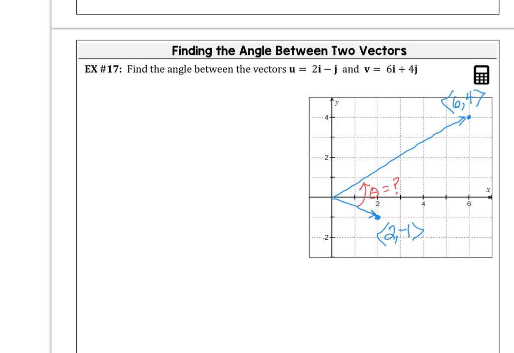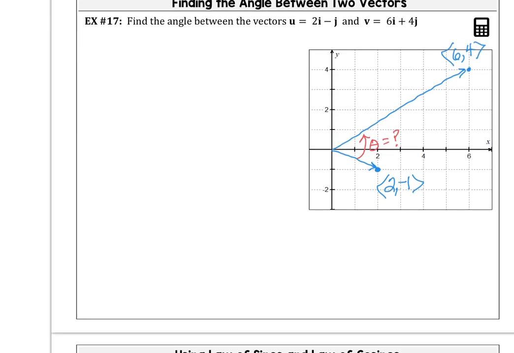So we know what the rule is. Let's write the rule again, since this is new to us. The rule says the cosine of the angle is the dot product of the vectors u dotted with v divided by the product of the magnitudes. Okay, let's give that a go.